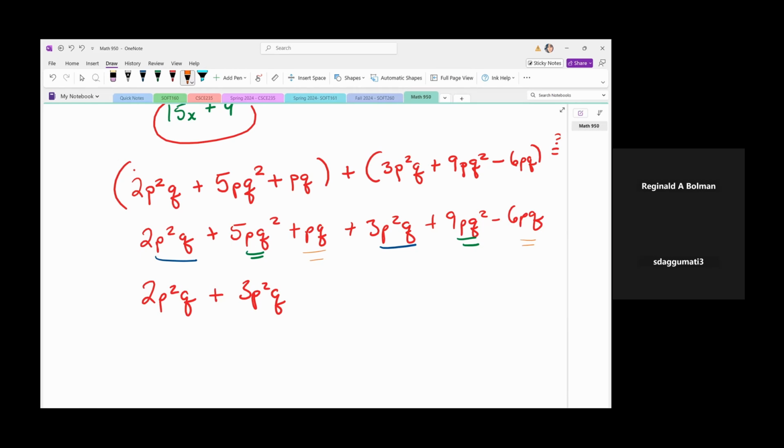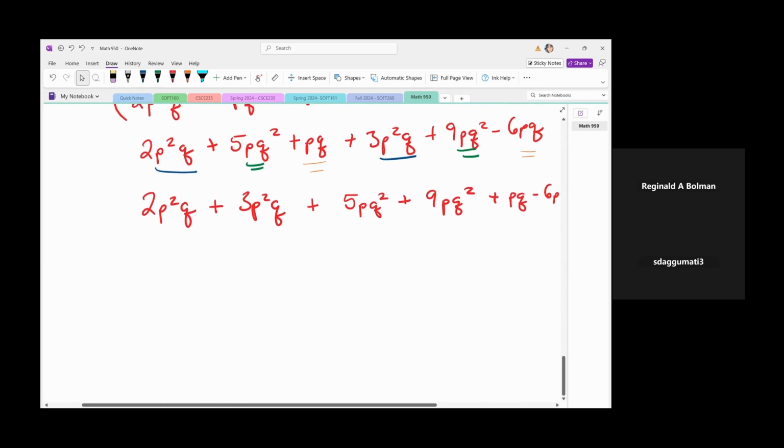So we can add two p squared q terms with p squared q terms. So we've got 2p squared q plus 3p squared q. We can also add the 5pq squared with the 9pq squared. And finally, we've got the pq minus 6pq term left over.